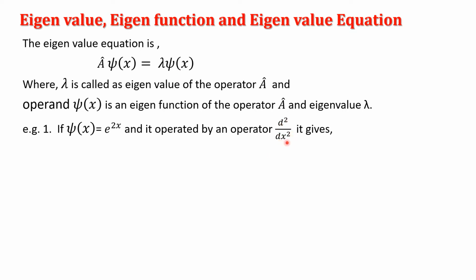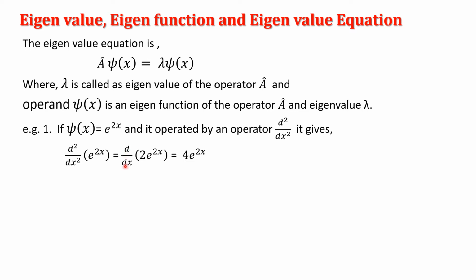Here d square by dx square is an operator. That operator operates on a function psi of x. Then we find its result. D square by dx square of exponential 2x equals d by dx of the differentiation of exponential 2x, which is 2 into exponential 2x.